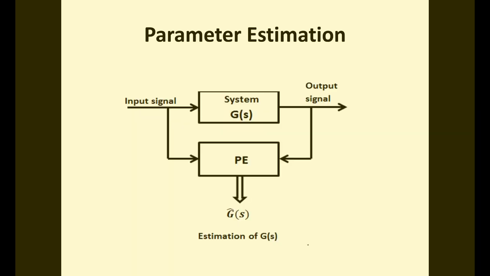Here is the block diagram of the parameter estimation system. We can try to estimate such parameters from measurements taken during experiments on the system. So we have the data from the input signal and the output signal, and we try to estimate the parameters of the transfer functions.